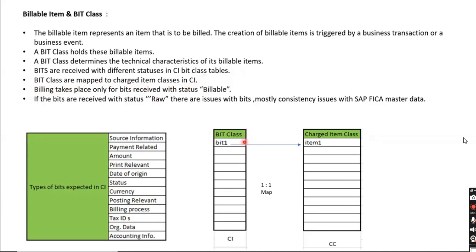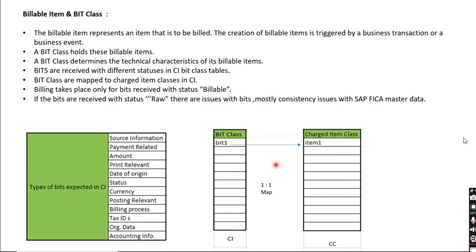We call it bit class in CI. In CC they call it charged item class, because when CC sends me the bit, they must send under which bit class the bit will come and under which subprocess the bit will come. They must also know this information.